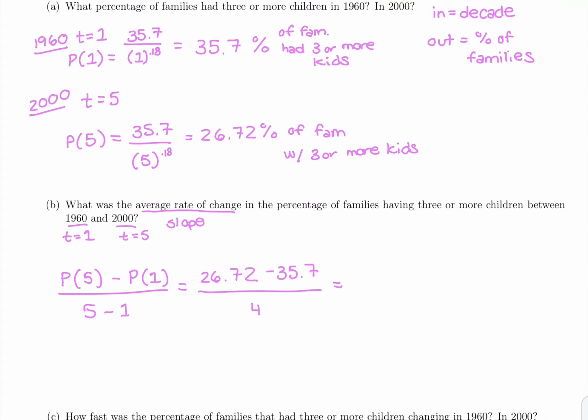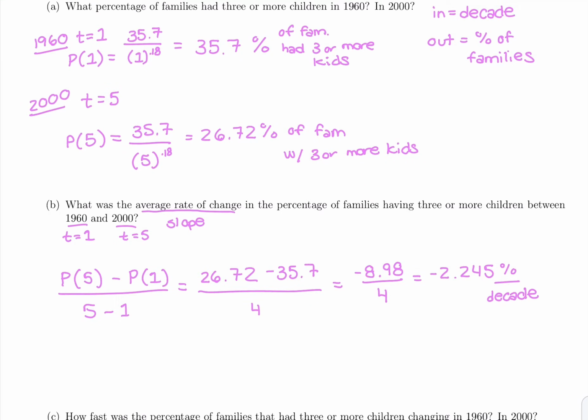Set us up in the next part. Now I can just grab my calculator and do 26.72 minus 35.7 and enter that in. You get negative 8.98. It went down by almost 9% over 4 decades. So when we divide that by 4, we get negative 2.245% per decade.